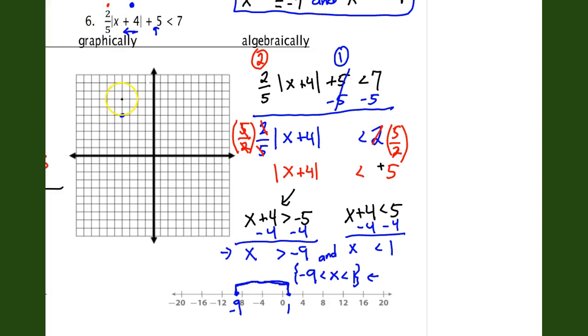So up to the right 5. And up to the left 5. And draw that line. Let's get that straight line here. And there we go.